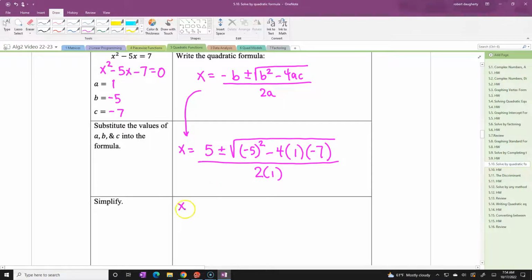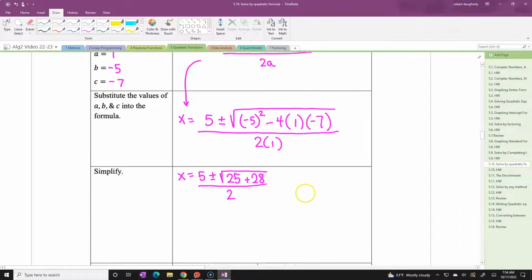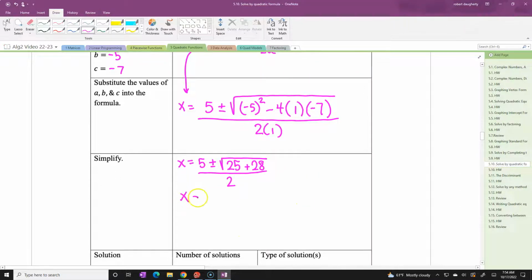So this is x equal 5 plus or minus, this is 25 plus 28, over 2. So this is x equal 5 plus or minus the square root of 53 over 2.